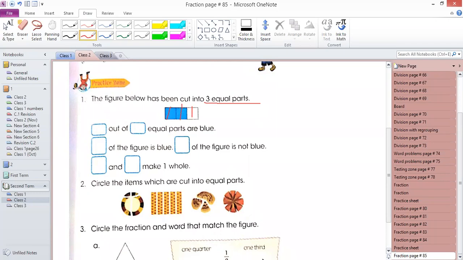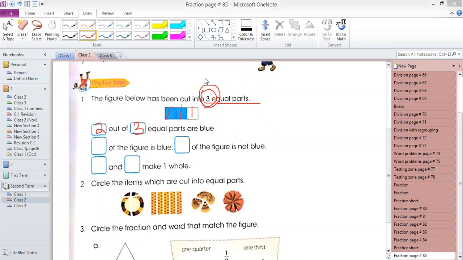How many total parts are there? The figure is divided into how many parts? 3. So out of 3 equal parts, how many are blue? 2. So 2 out of 3 equal parts are blue.